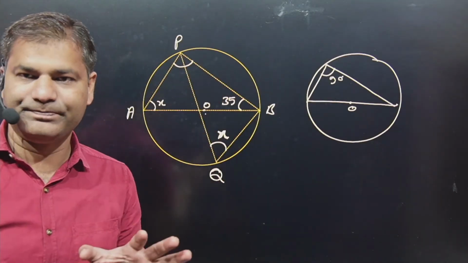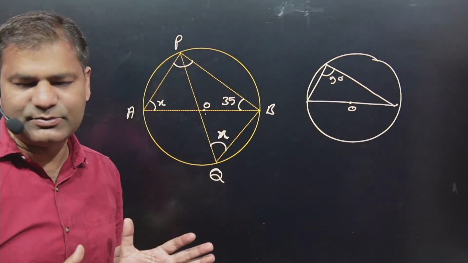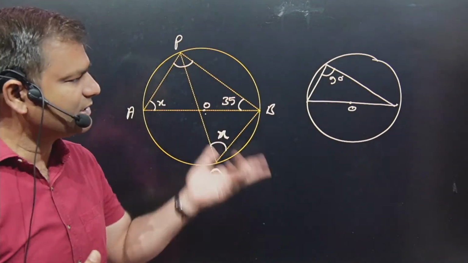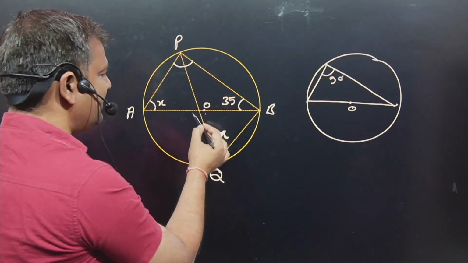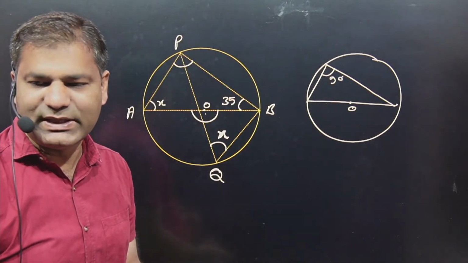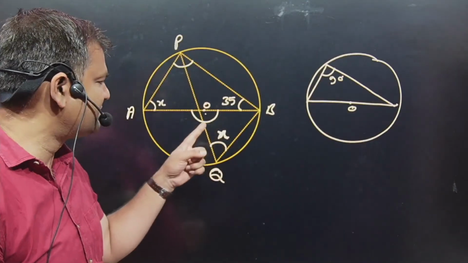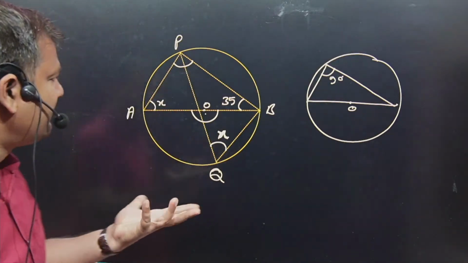Clear or not? Otherwise, suppose you cannot understand: that angle is x and that angle is x, and together they are 180. So 2x equals 180, so x equals 90. Clear? Very simple.